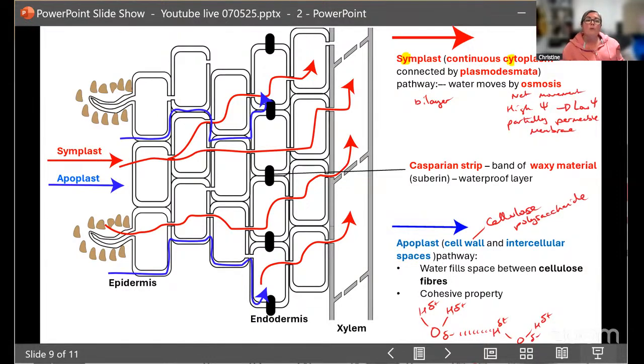So it is a way in which the cells have differentiated so that they are stopping the entry, for example, of a pathogen. So that's an interesting one where the Casparian strip is that band of waxy material repelling the water, diverting it into the symplast pathway.